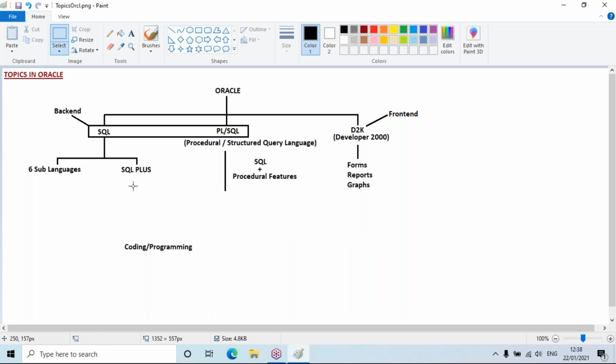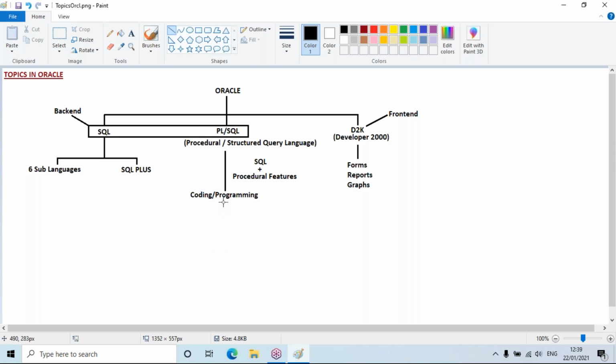But I already said it's not that typical as what we find in other programming languages. We don't find the typical things available in PL/SQL for code programming.